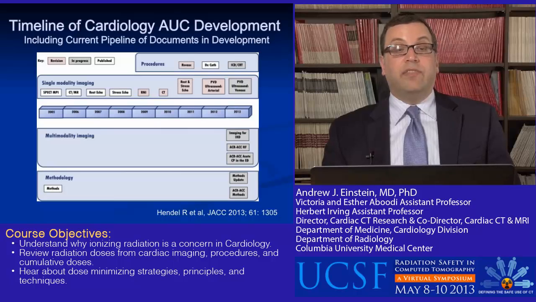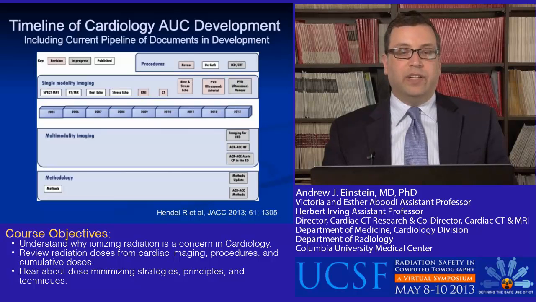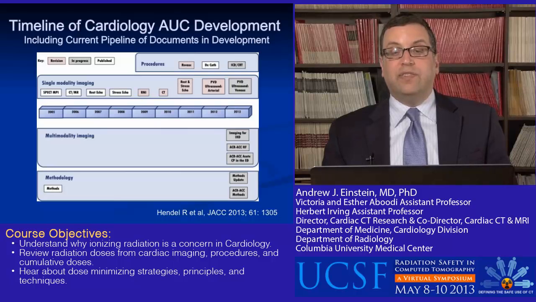Here you can see from a recent publication the timeline of cardiology appropriate use criteria development. The first appropriate use criteria were introduced in 2005 for SPECT myocardial perfusion imaging, and subsequent to that, there were appropriate use criteria developed for CT and MR, for echocardiography, for stress echo, again for radionuclide imaging, again for computed tomography, again for echocardiography, and what's in the cooker for 2013 are multimodal appropriate use criteria.